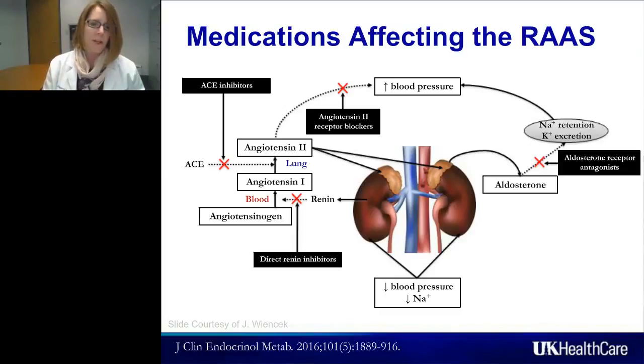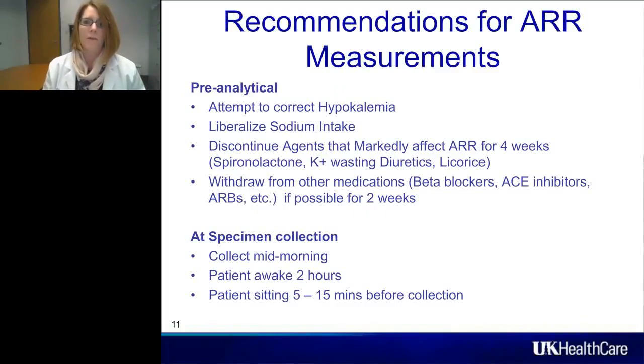So as you can see, there are numerous both physiological and pharmaceutical factors that affect the RAAS, so it's very likely that some of the testing can be misinterpreted in the workup for primary aldosteronism.